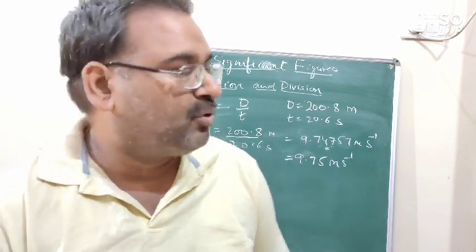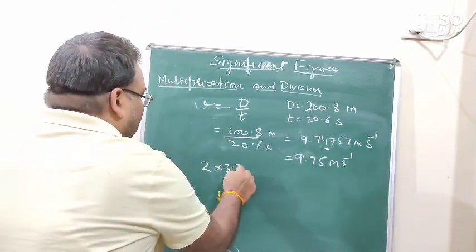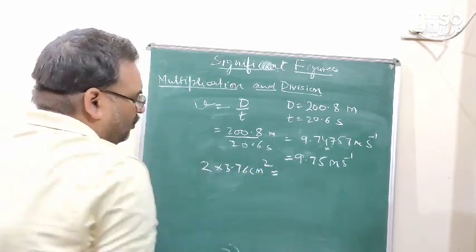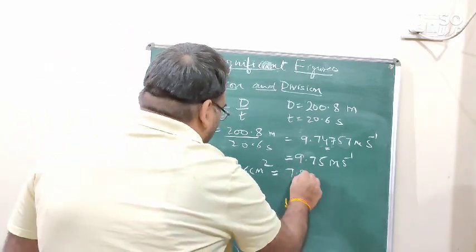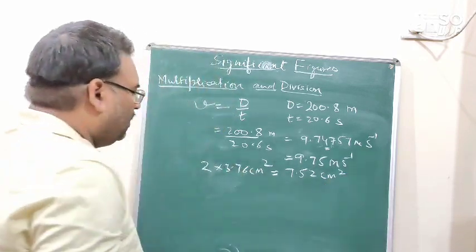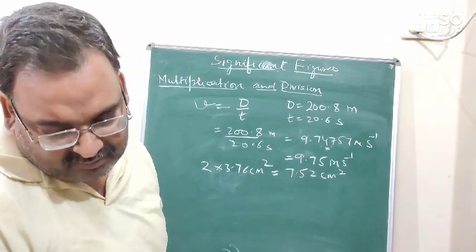For example, 2 into 3.76 centimeter square is equal to 7.52 centimeter square. Here there are 3 significant figures, and here also 3 significant figures.